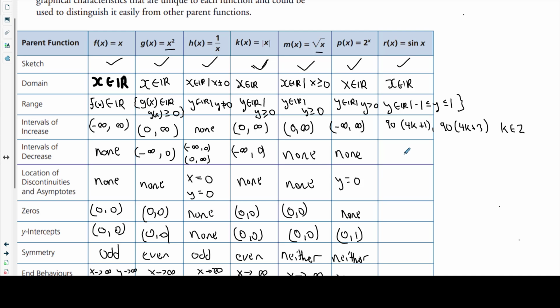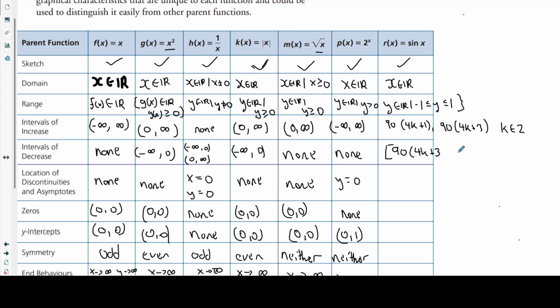Similarly, your intervals of decrease are from 90 bracket 4k plus 1. Sorry, I'm just copying the same thing up top.